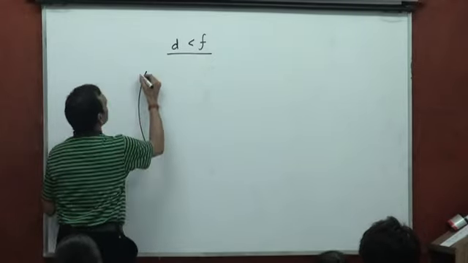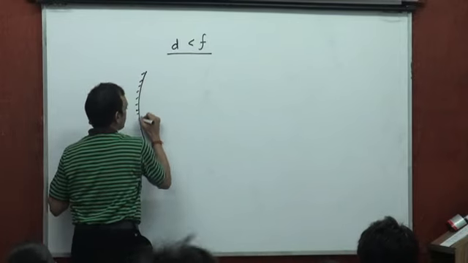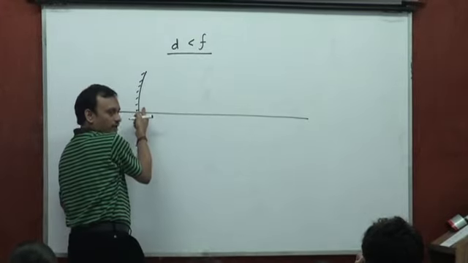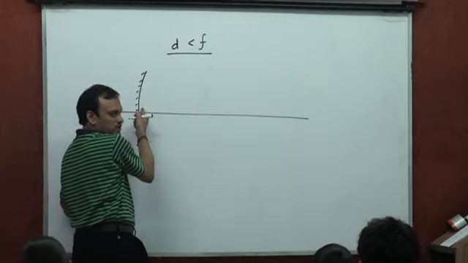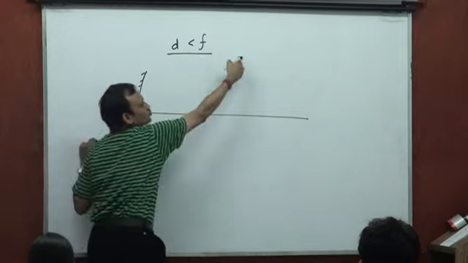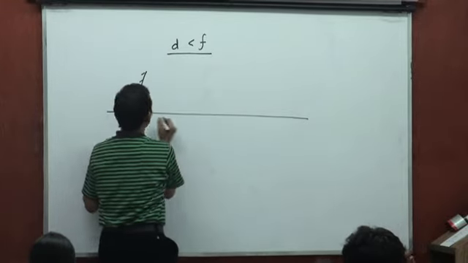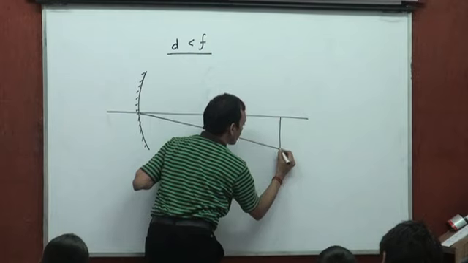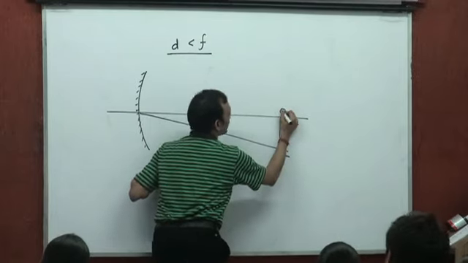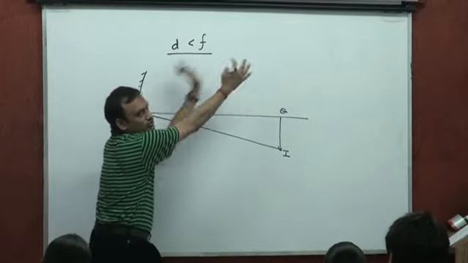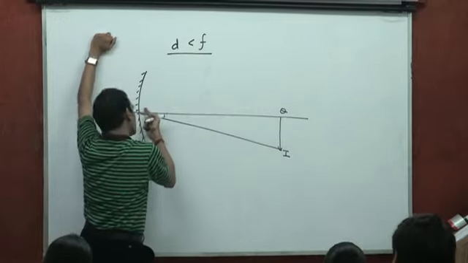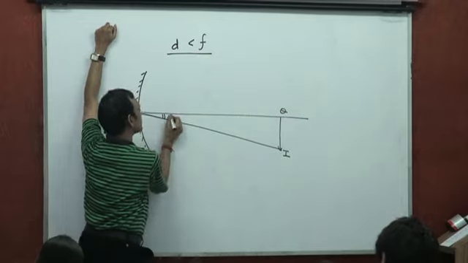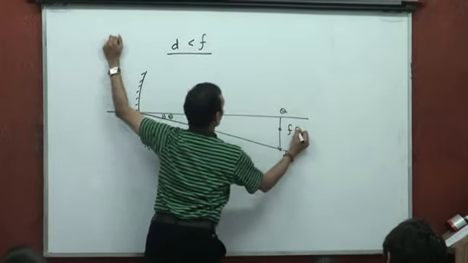So again, we start with what the concave mirror receives. There are rays of light inclined at an angle theta with the principal axis, and if there was no plane mirror, these rays of light would have liked to converge at some point I. Suppose you suddenly remove the plane mirror, then rays of light incident on the concave mirror would have converged to I, where this angle is theta, this length is f, and this is f theta.